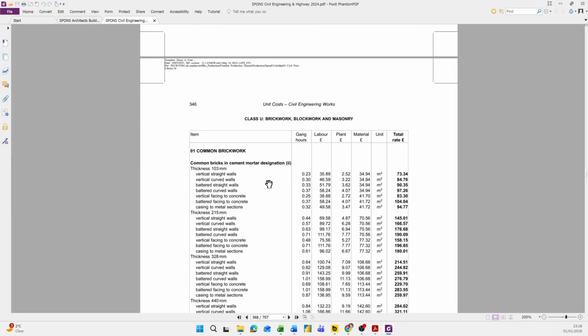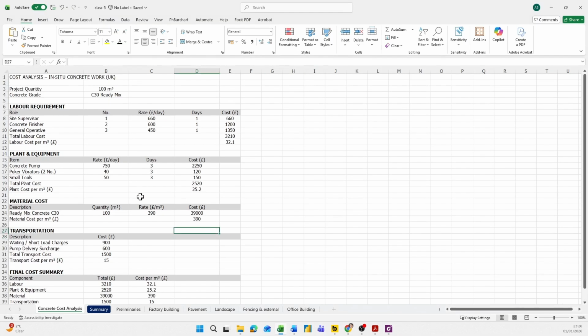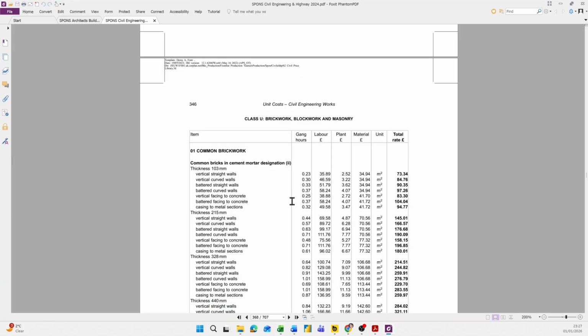You can see all the prices include labor, plant, and material. So as a QS, very few times did I need to analyze like this, breaking down each of the items. So I always try to follow this kind of price book or my historical data from previous projects.